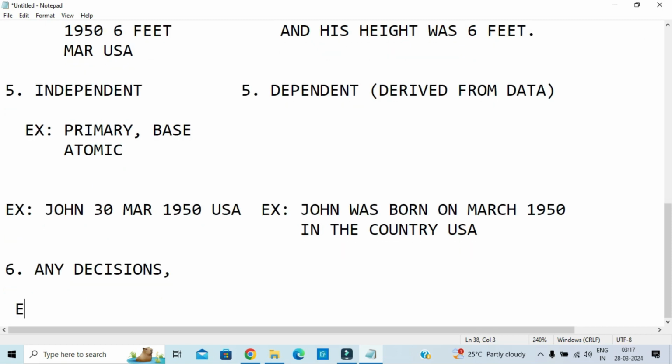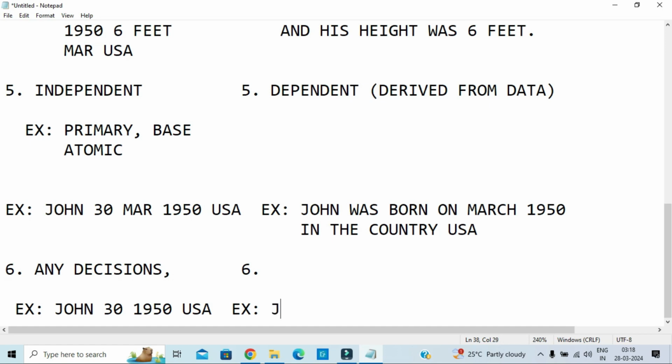Let me give an example. Here I see John, 30, 1950. I have got a requirement from a client to check whether John is eligible to vote or not. I don't know what these numbers 30, 19, 50 properly mean. So I have derived information from this data like this.